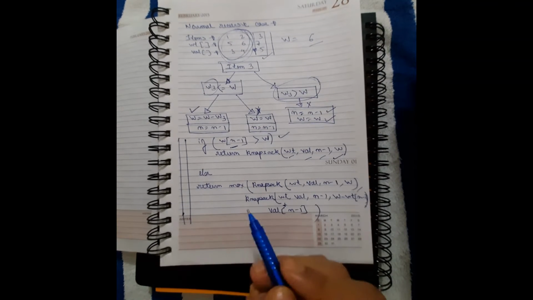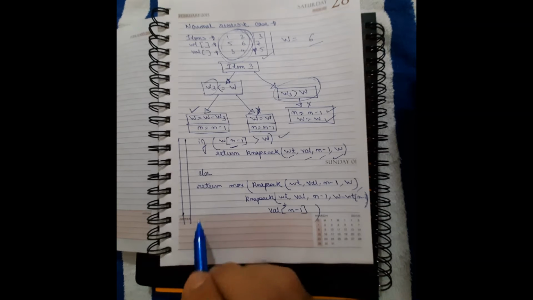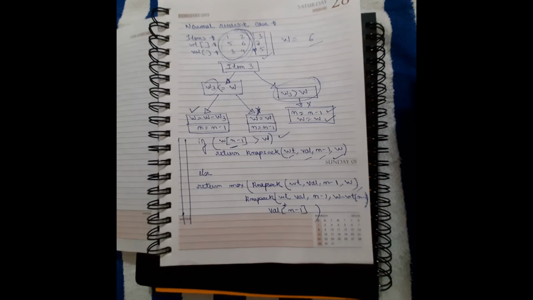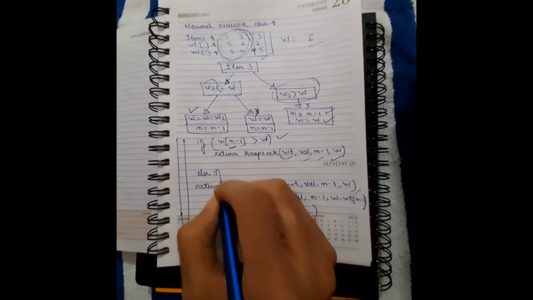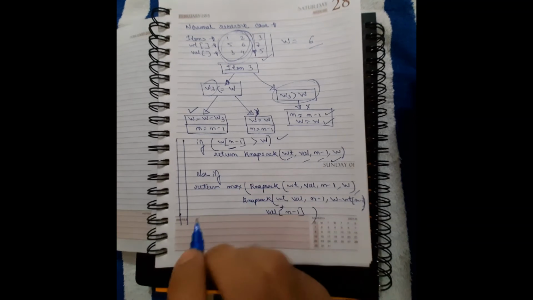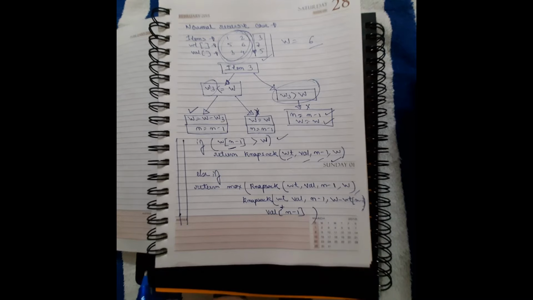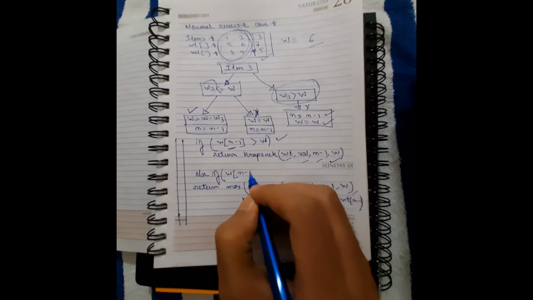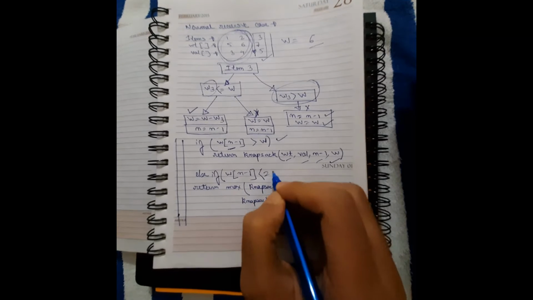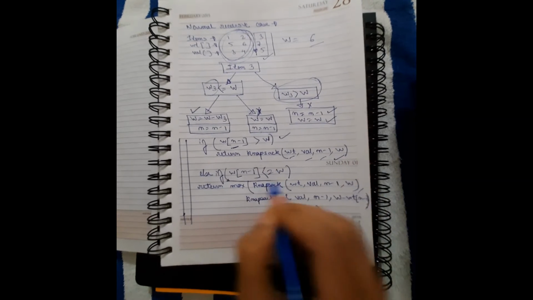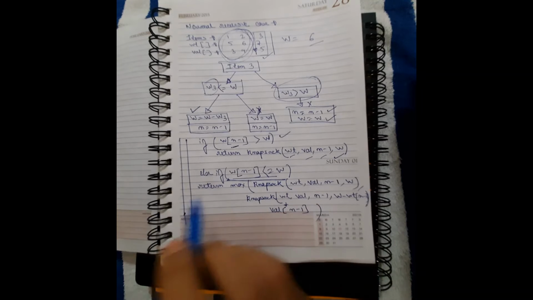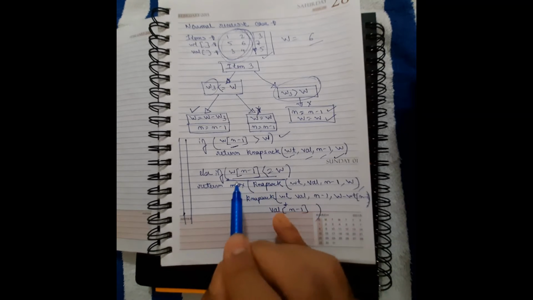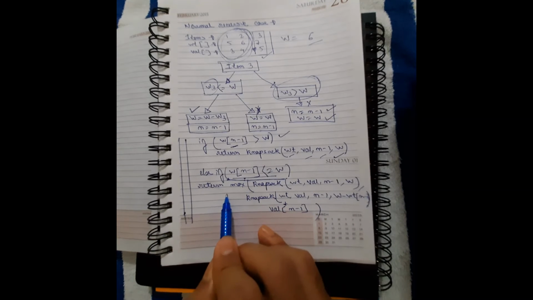Else, if w[n minus 1] is less than or equal to w. We don't need to write this, I'm writing this for your understanding. If w[n minus 1] is less than or equal to w, what will we return?